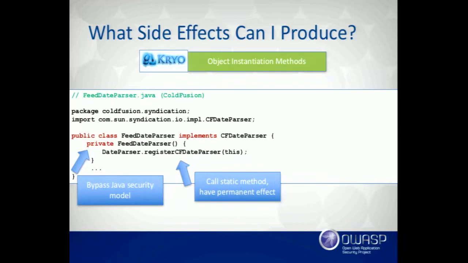The developer's intent was that this not be instantiated by anybody but me, but the deserialization library just threw that away. So by using Kryo, we can now replace the shared resource that was in use before and deny service or otherwise behave maliciously. And so we've scaled our attack outside of the deserialization process and caused side effects.